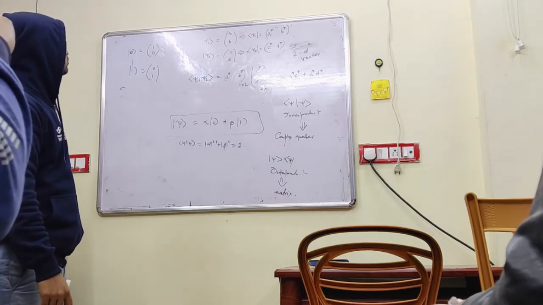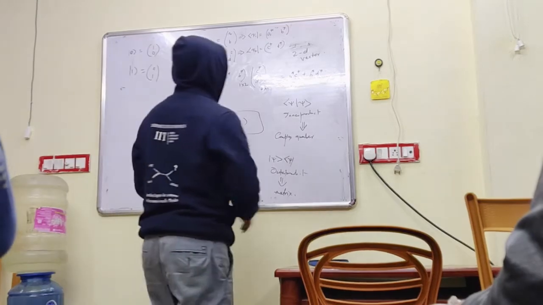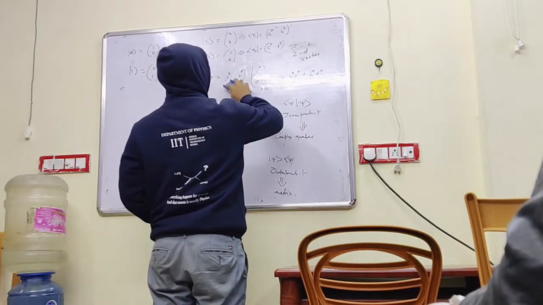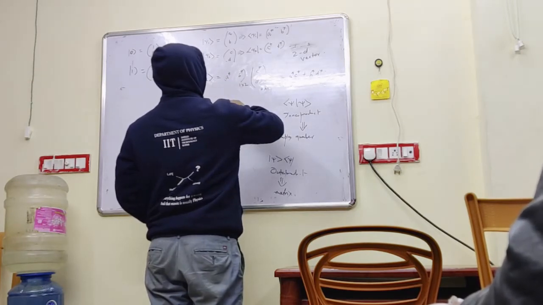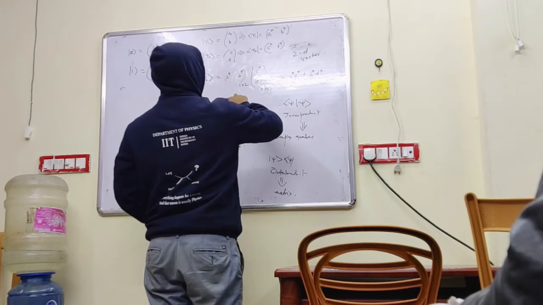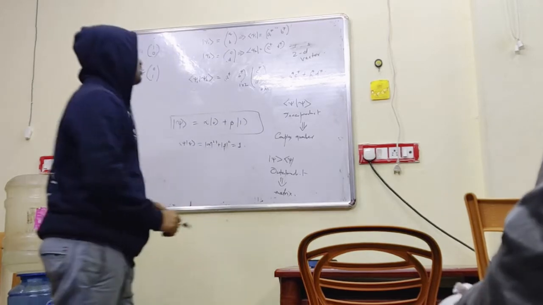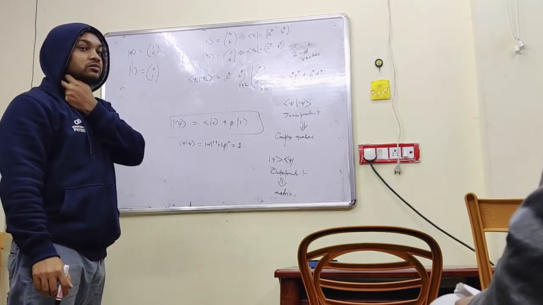Just the A star C and B star D. Here it is a vector product, 1 column and 1 row.